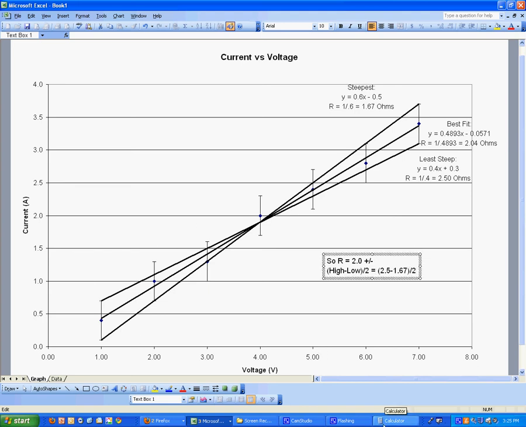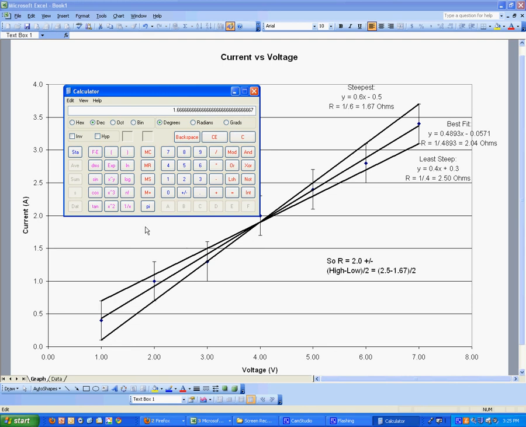I think this calculator looks like it's fancy. Maybe it's got parentheses. Oh, it does. Look at that. Okay, let's clear it. So it's going to be left parenthesis 2.5 minus 1.66666. Oh no, what did I do? I did something bad. Okay. I need a right parenthesis.